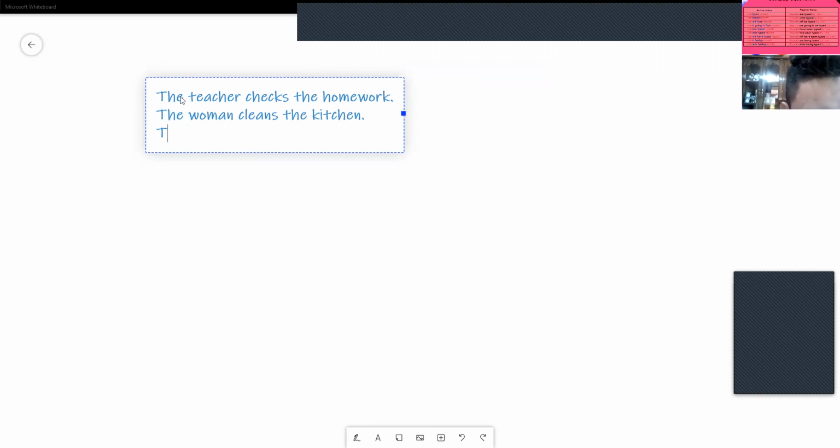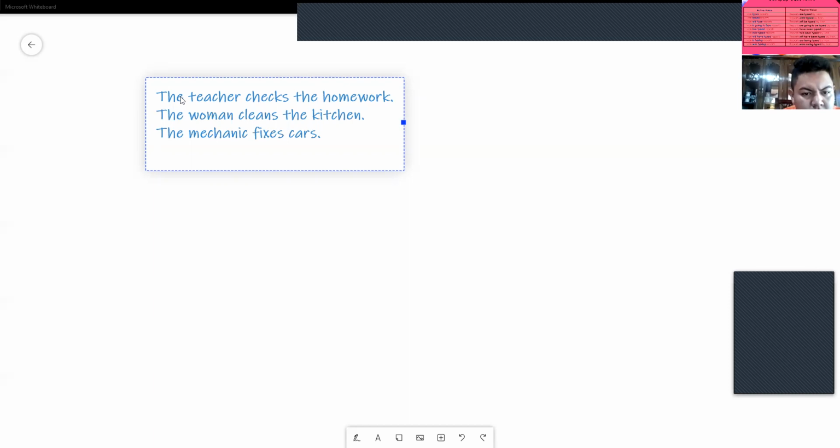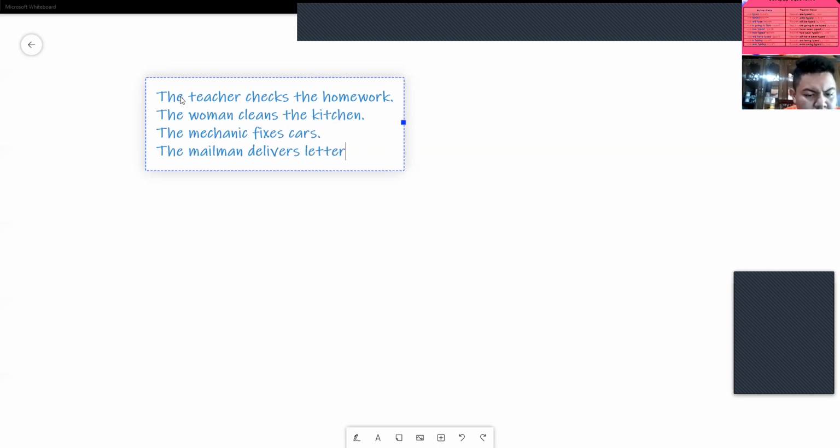The mechanic fixes the car. Okay, cars. The mailman delivers letters.